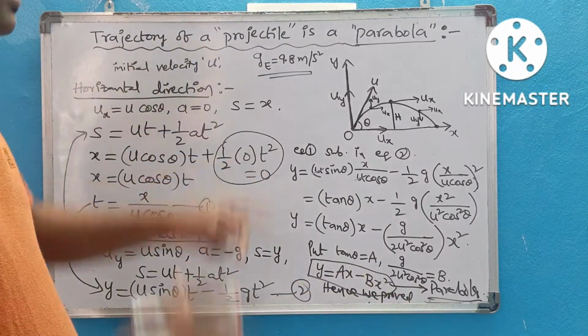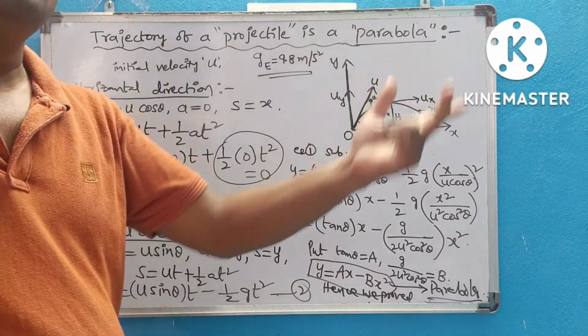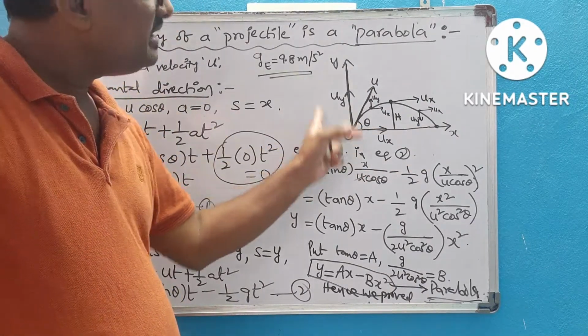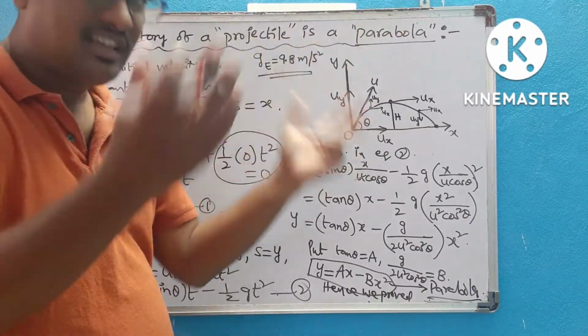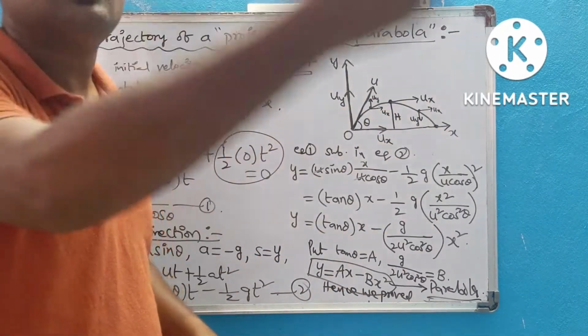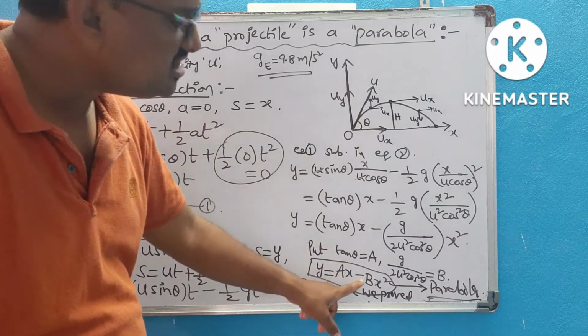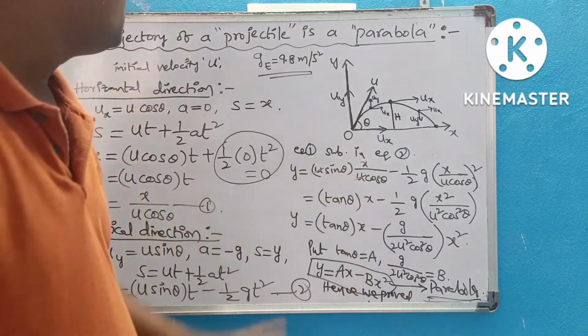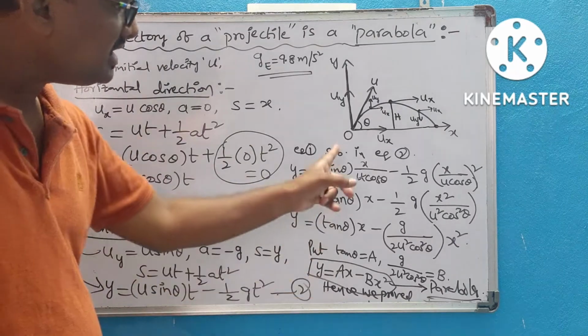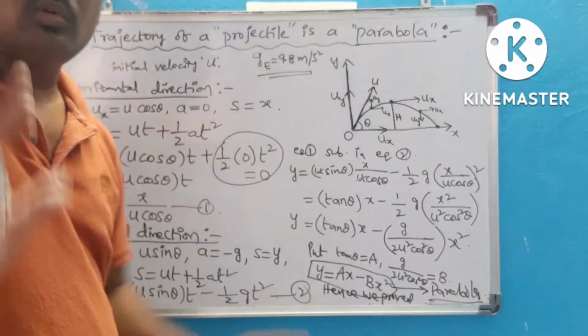If any projectile is thrown at a certain angle theta with the horizontal in the air within the gravitational field of the earth, then definitely the path of that projectile is in which shape? Parabolic shape. So this is the answer to the question. Hence finally we proved that the path is parabolic in shape.